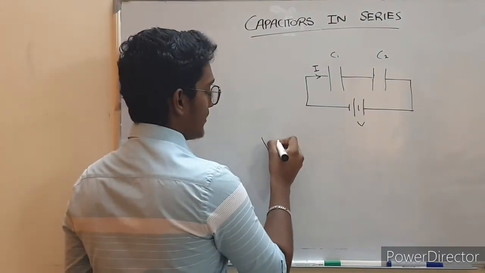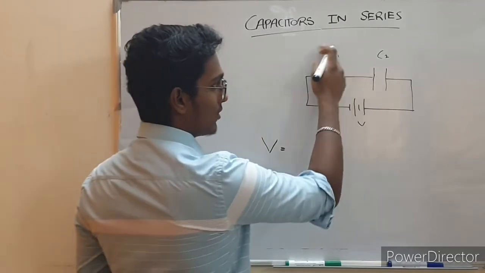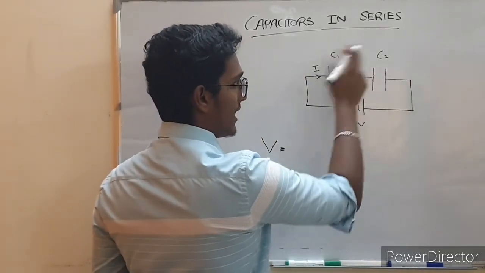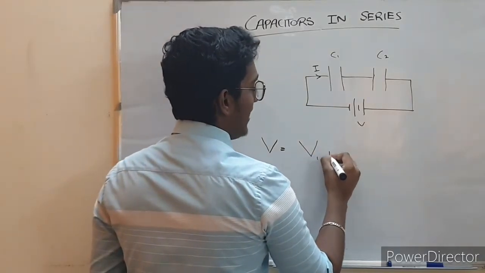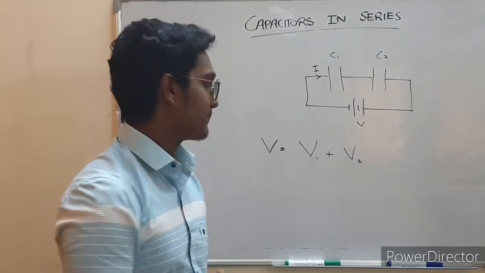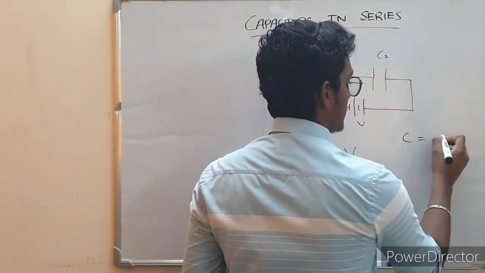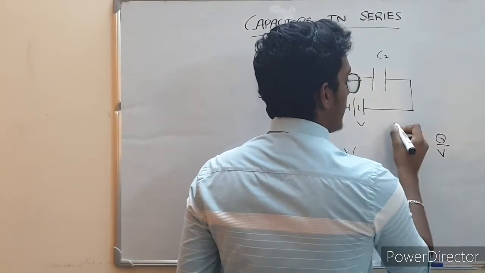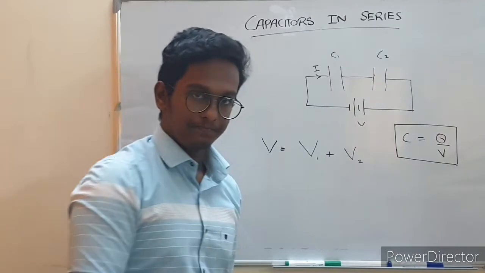So we have the total voltage of the circuit, of the battery, equals the voltage in element 1 and 2, that is capacitor 1 and 2. So we have this relationship. Now from here we start with the derivation. From the formula of capacitance, C is equal to Q by V, we can calculate what is V1 and what is V2.